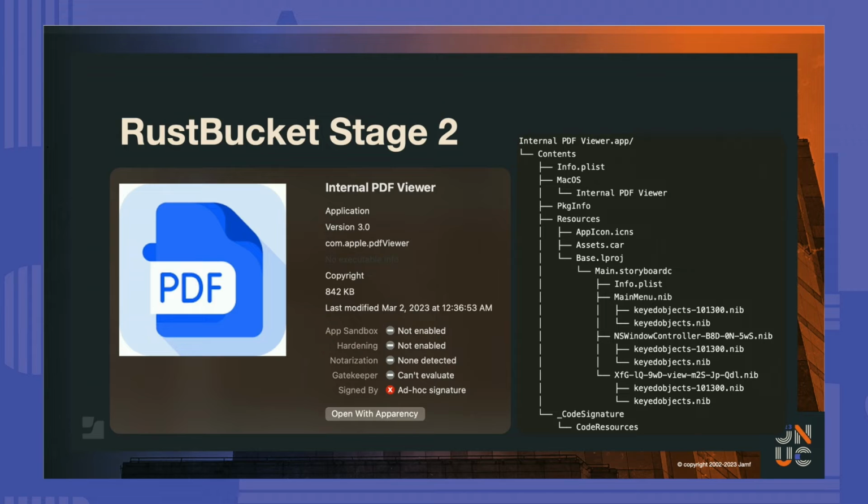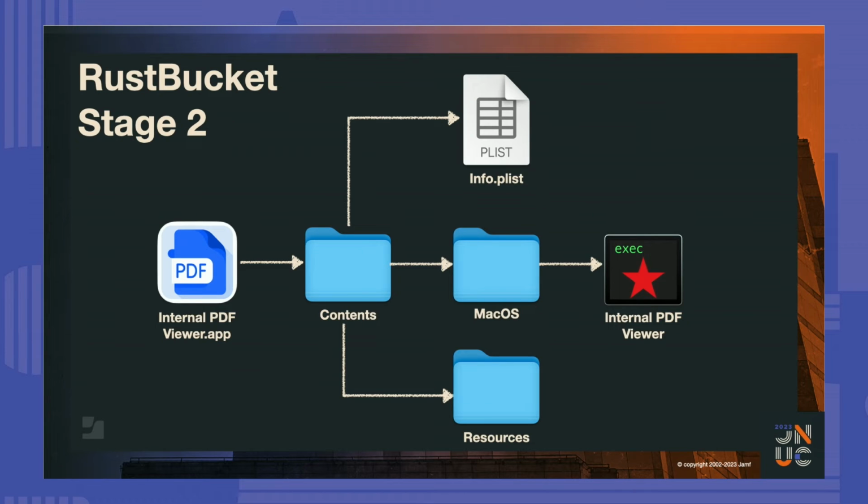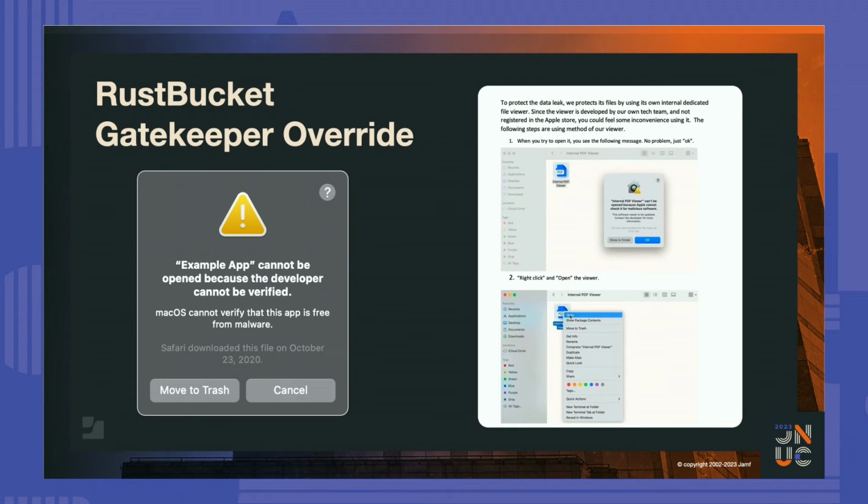Same icon, looks really similar, but this time ad hoc signed. Let's take a look at this a little further. This time, we don't have an applet; rather, the Contents/MacOS folder contains a macOS executable called Internal PDF Viewer, and no AppleScript in the second stage. You might be wondering at this point, how exactly did they run an ad hoc signed or unsigned application?